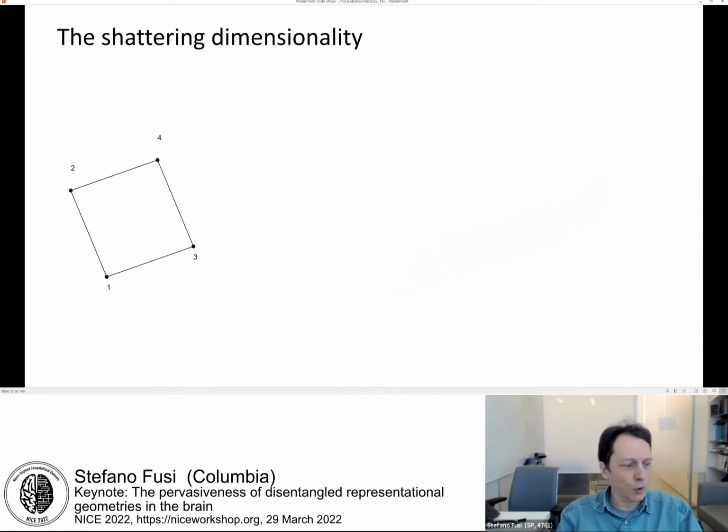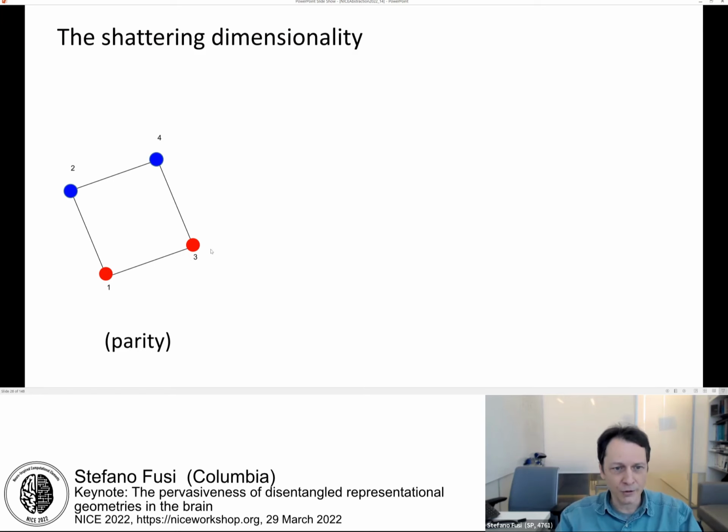Okay, so the third quantity we look at to characterize the geometry is some measure of the dimensionality. And in particular, it's what we defined as the shattering dimensionality. So we are looking at all possible ways of shattering these groups of points. So I'm looking at a full set of points, and I consider all possible dichotomies, all possible ways of dividing the points into two groups. So in this particular case, it's parity.